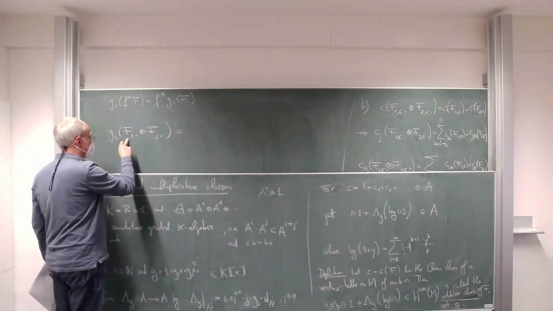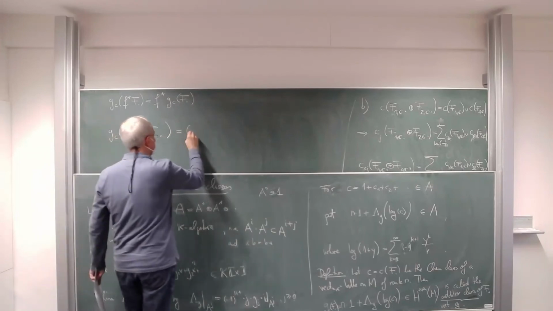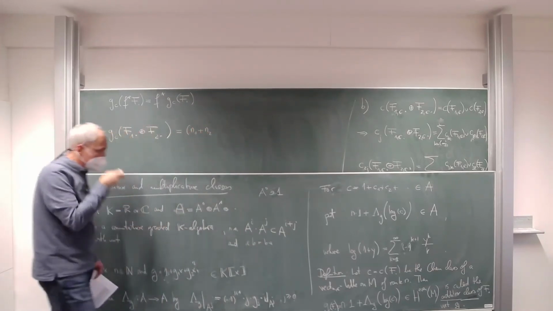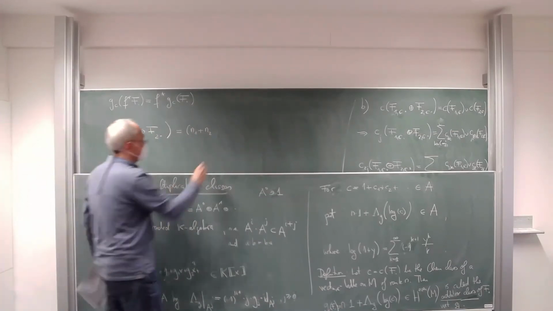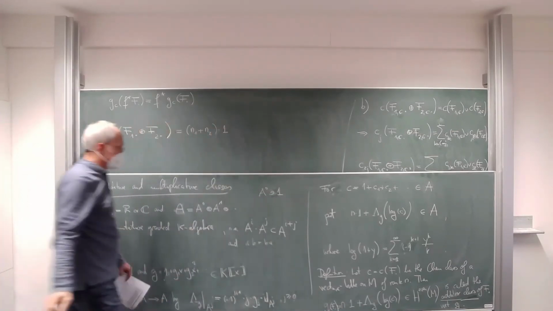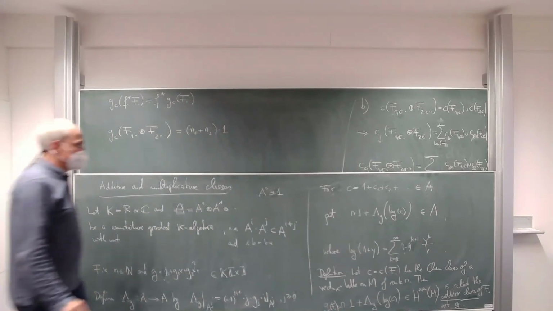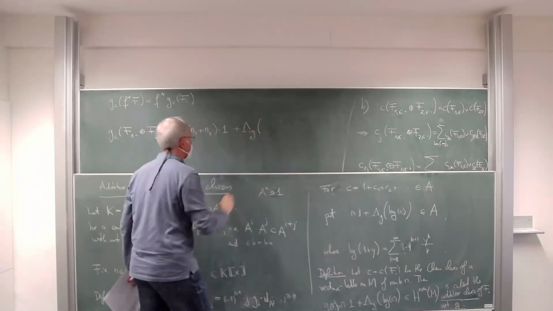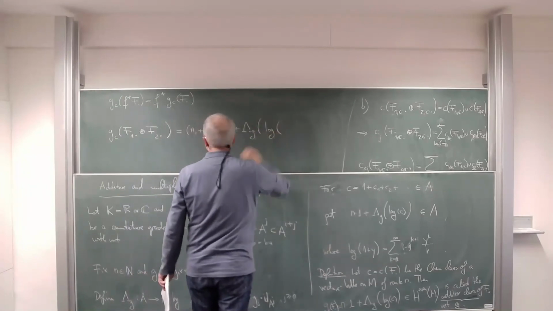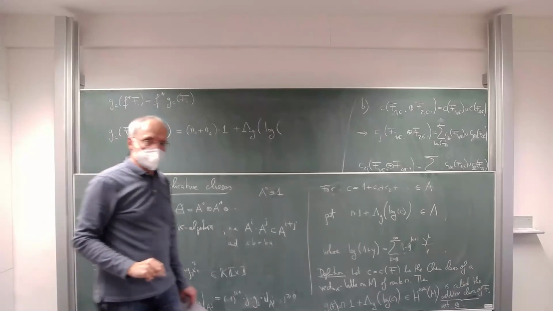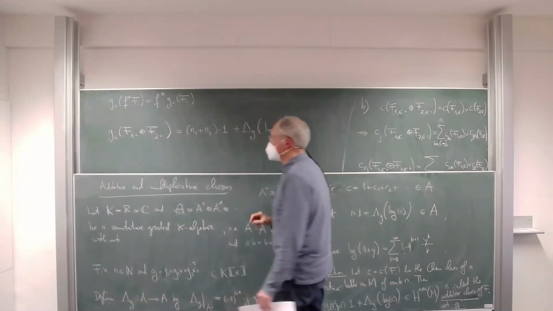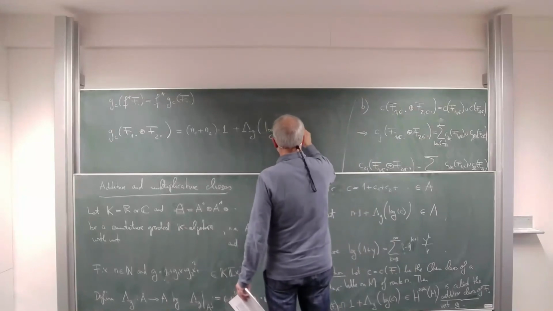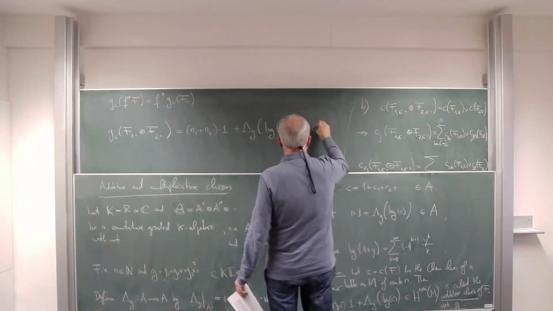The ranks add up. So we have n1 is the rank of F1, n2 is the rank of F2, let's say. So we have that times the one in the homology algebra, plus lambda, and now we have the logarithm of the Chern class of the sum. But here we can use this property for Chern class, that this gives us the Chern class of the first bundle times the Chern class of the second bundle.